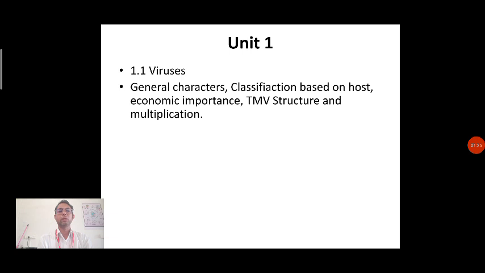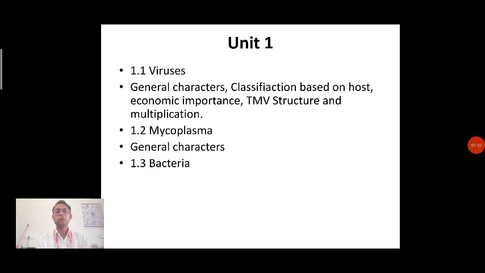Along with that, we are also going to concentrate on the structure, that is tobacco mosaic virus structure, and the multiplication of the same we are going to discuss in the unit number 1. Not only virus but also mycoplasma is included in unit number 1, and related to the mycoplasma we are going to discuss the general characteristics of this mycoplasma.